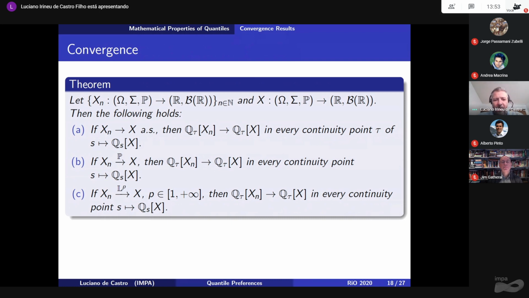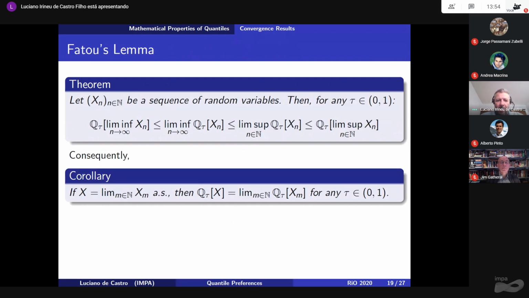A lot of problems that you have with integrability, at least when you focus, just as we are doing here, on quantiles strictly between 0 and 1, you don't have much problem with integrability, and a lot of convergence results hold quite naturally. Here, in some sense, easier than the expectation results.